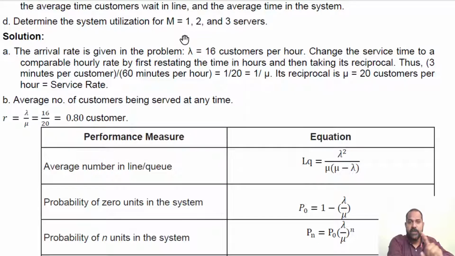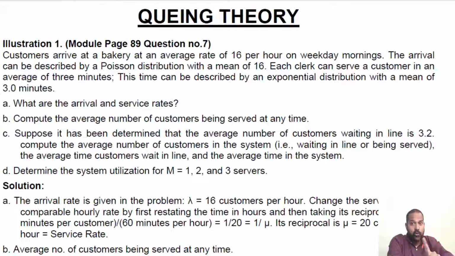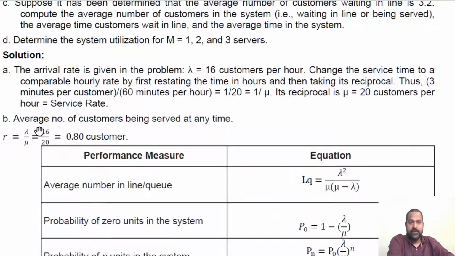Done. Question number 2. Compute the average number of customers being served at any time. Can I say, how well are you utilized, or what part of a person is getting service? Well, 0.8, which is 80% of the person is getting service. So the average number of customers being served at any time is rho.